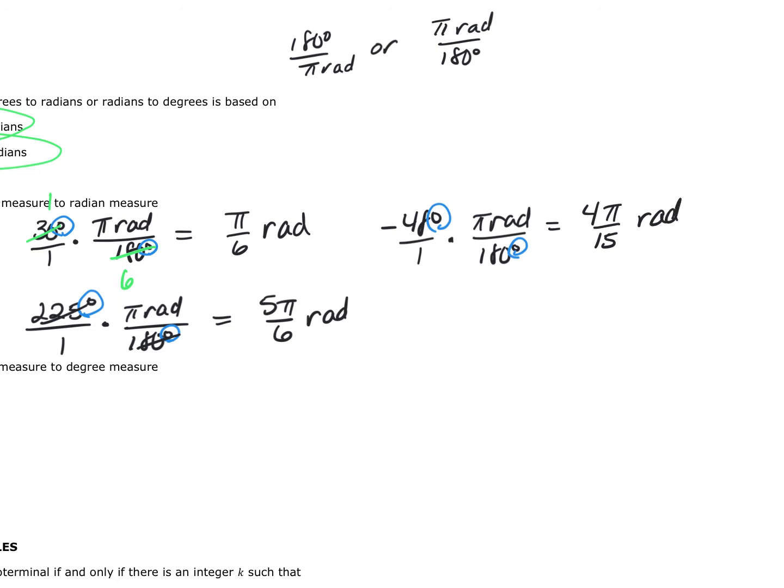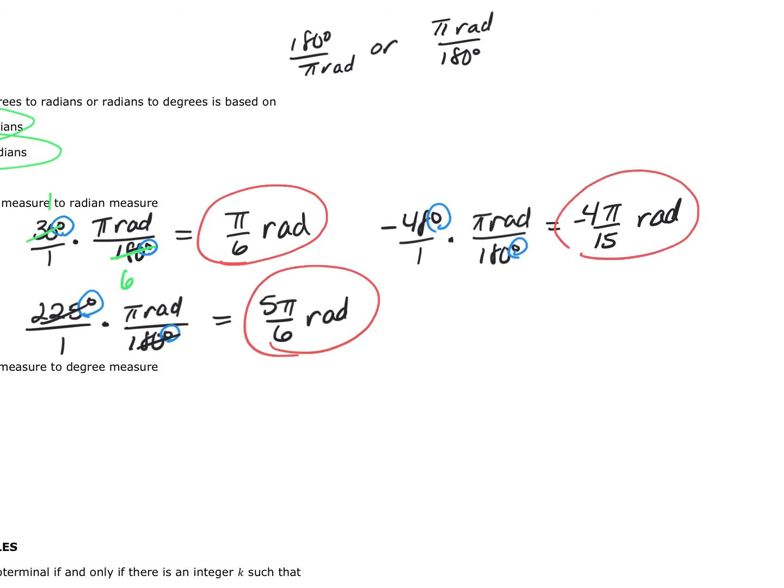It is always assumed that we are going to reduce, and not drop that negative sign. So that's what you will do when you have it in radians, is reduce. It is ideal to leave exact, so I want to talk about that too. This is exact, this is exact, this is exact.